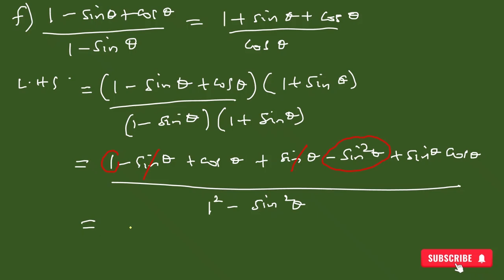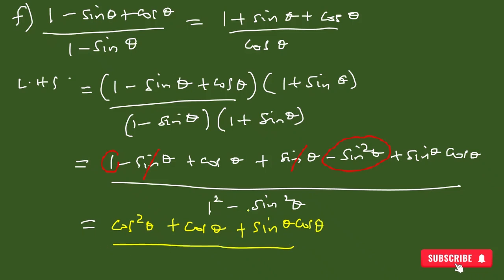It means in the numerator I will have this 1 minus sine squared theta, which is the same as cos squared theta. We remained here with the cos theta, and here we remained with plus sine theta cos theta over, from one of the identities, 1 minus sine squared theta, which is the same as cos squared theta.